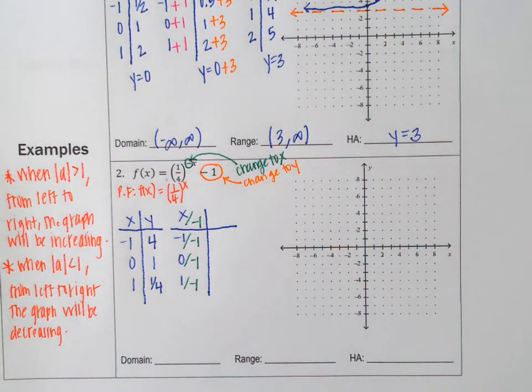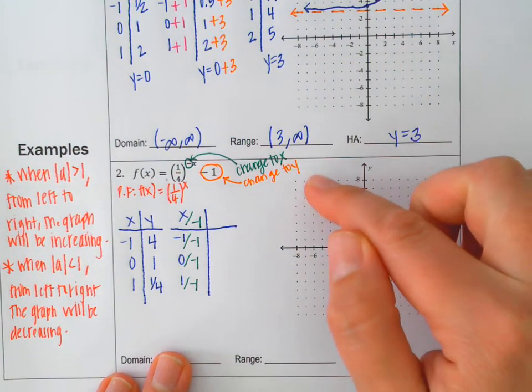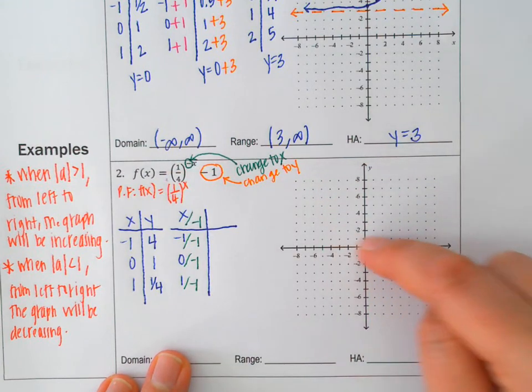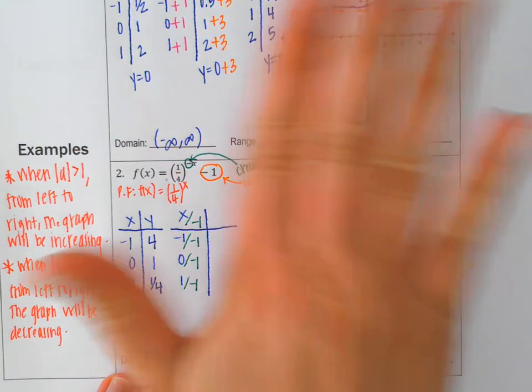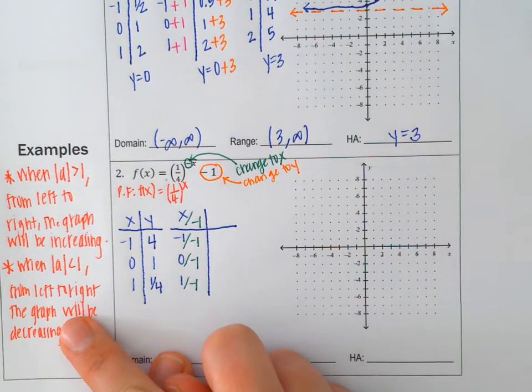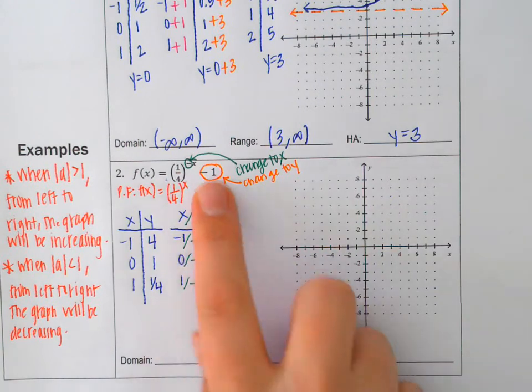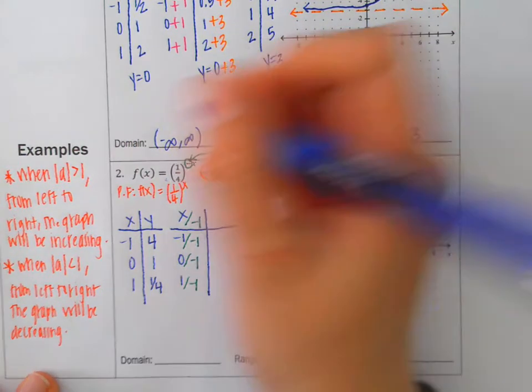Now, it's reflecting it over the y-axis. So instead of decreasing because it's a 1/4, instead of being like that, it's now going to be reflected. And so it should be like this, which is why I said over here, this one's not going to look like a decreasing. Okay, then that -1 is going to change all of our y values.